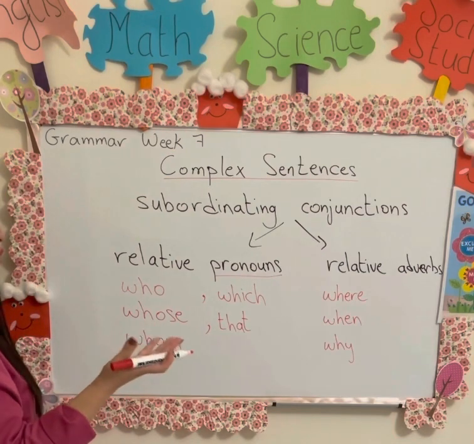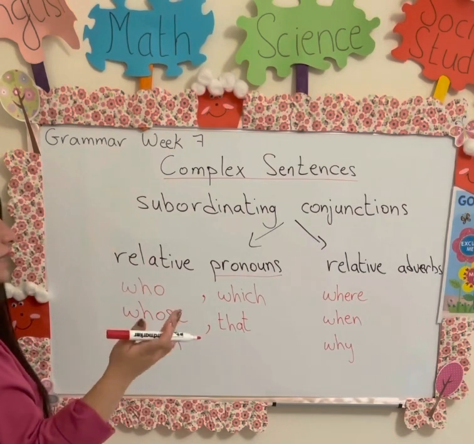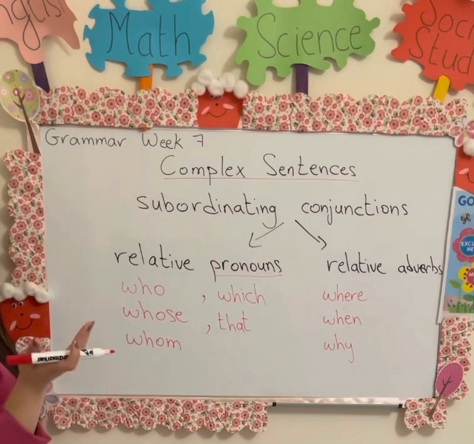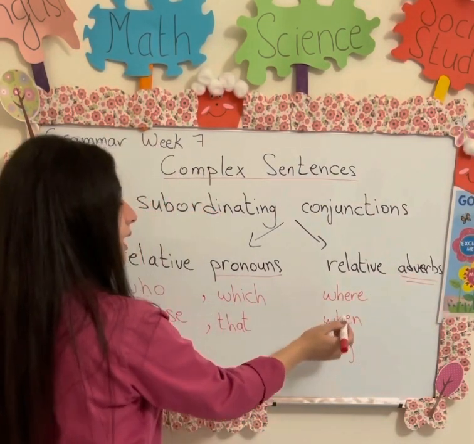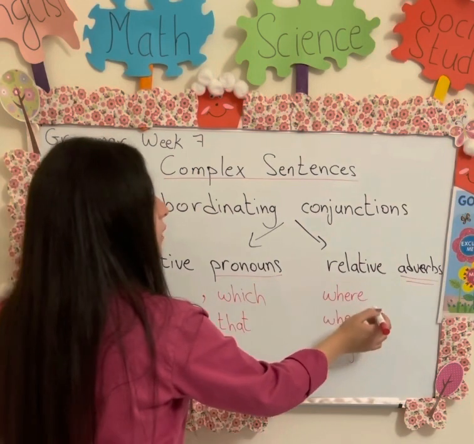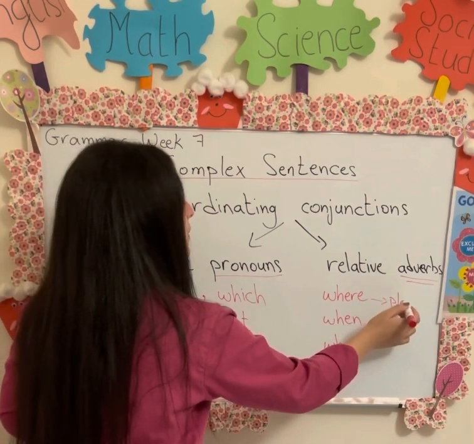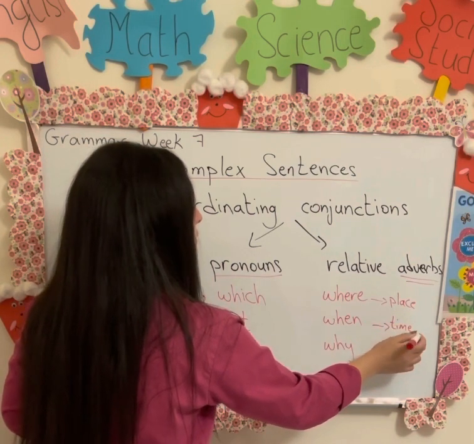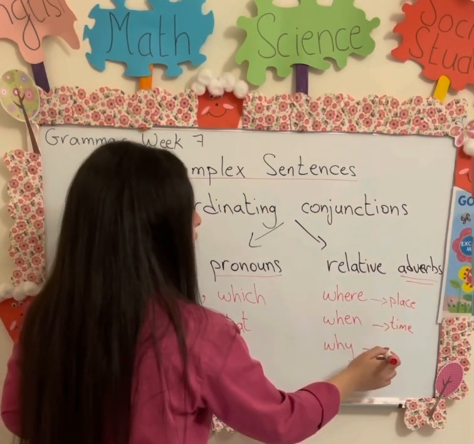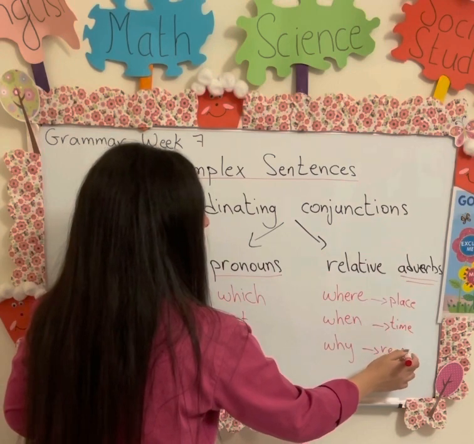They refer to a person, a place, or a thing. Whereas relative adverbs include where, when, and why. Where refers to a place, when refers to time, and why refers to reason.